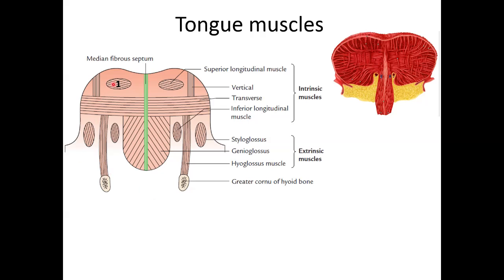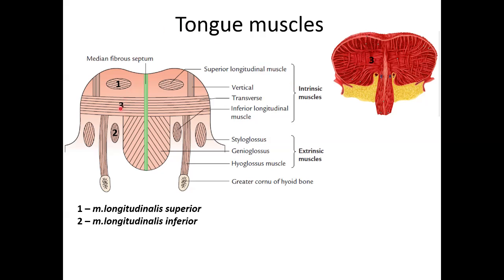Number 1, what is it? Superior longitudinal muscle, but we should know the Latin term musculus longitudinalis superior. It's obvious that this muscle, while contracting, will shorten the tongue. The next, number 2, musculus longitudinalis inferior.